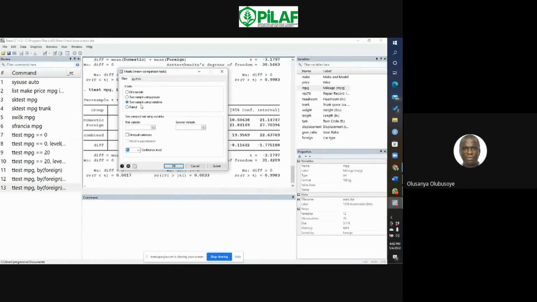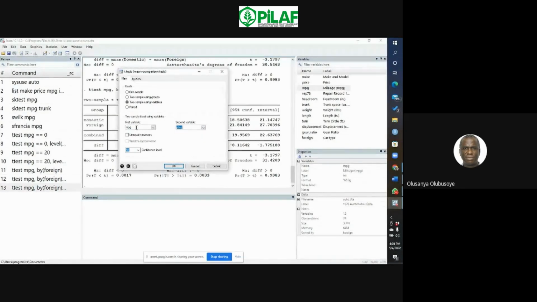But here, in the two-sample test using variables, we are assuming that we can have two variables that are measured on a continuous scale. Take, for instance, MPG, which is measured on a continuous scale, and the second variable, let's say price.